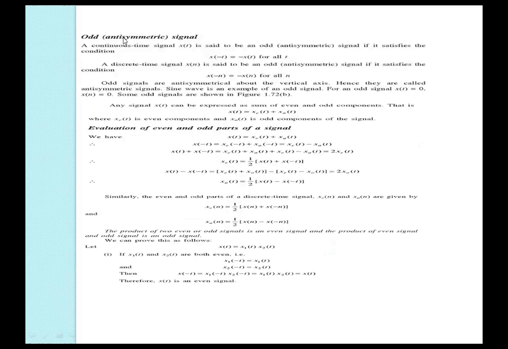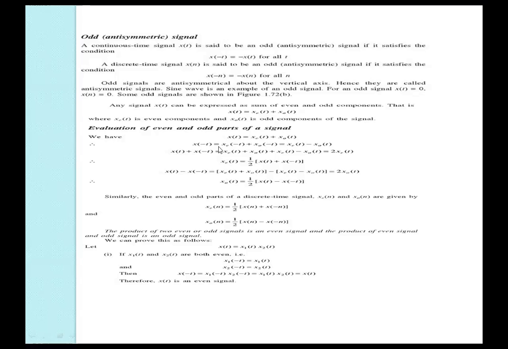Odd functions are anti-symmetric or asymmetric, simply saying x of minus t is minus of x of t, and x of minus n is minus x of n. We already discussed in the class that x of t has an even part plus an odd part.